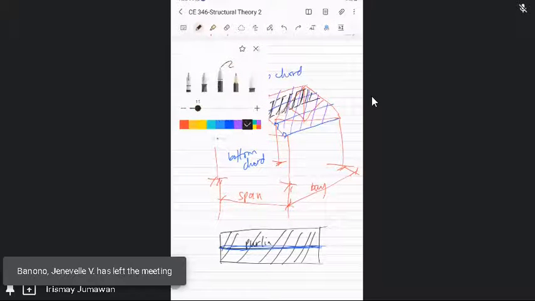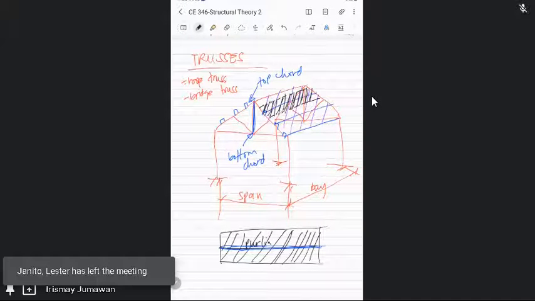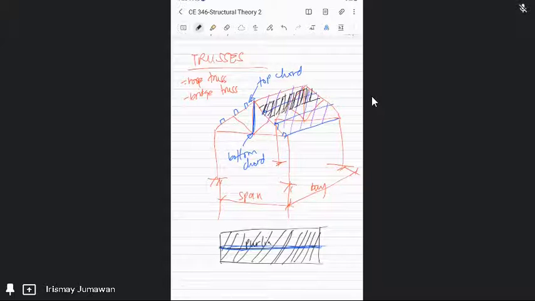If you get the tributary area for the load on your purlins, you take one half of your spacing.